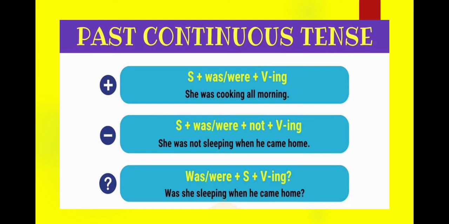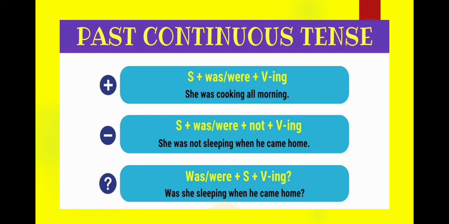To form negative sentence, the rule is subject plus was or were plus not plus verb first form plus ing. For example, she was not sleeping when he came home. According to this rule, we will just add not after was or were.